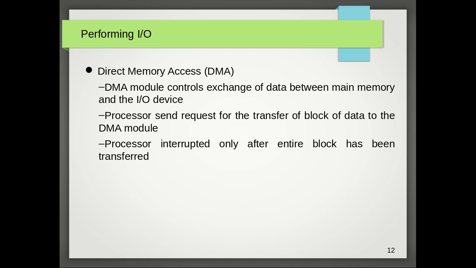So it overcomes the drawback of the previous methods. Every time for a single block we don't have to interrupt the CPU. So the processor has other work to do. DMA facilitates transfer of data so that the processor need not be interrupted many times.